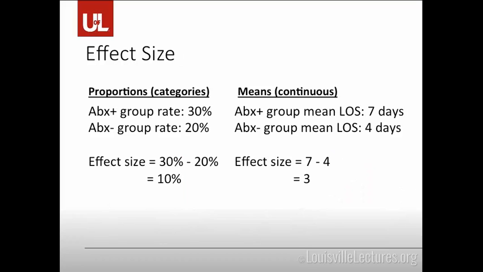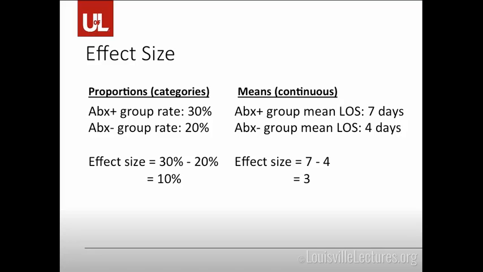So if we were to look at examples in this, say you had two outcomes that you were looking at. You were looking at just the rate of C. diff infection and the length of stay. So your rate would be a difference of proportions. So your effect size, if you expect 30% of your people who got antibiotics to get C. diff, which hopefully you don't, but if you have that and you expect about 20% in the group that didn't get antibiotics, your effect size would be 10%.